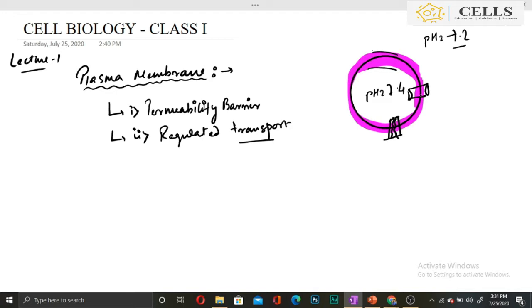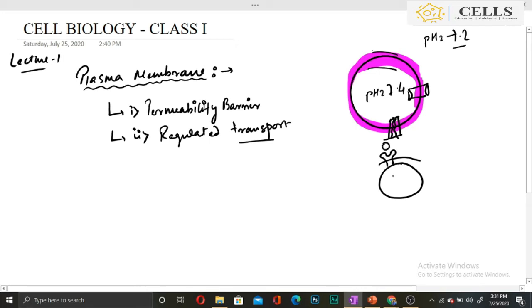Now another important thing: suppose this is a cell. You can also see that in the membrane we have different kinds of receptors, and different ligands bind over here, and for that different signal transductions take place within the cell.